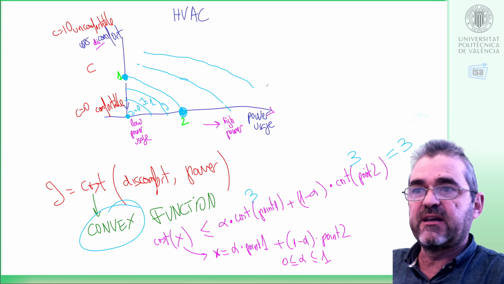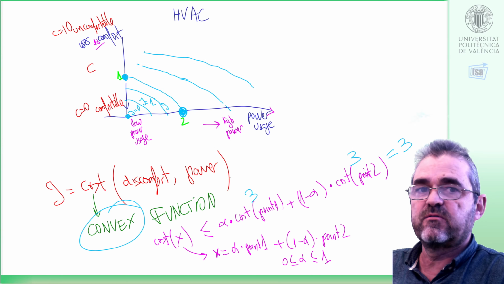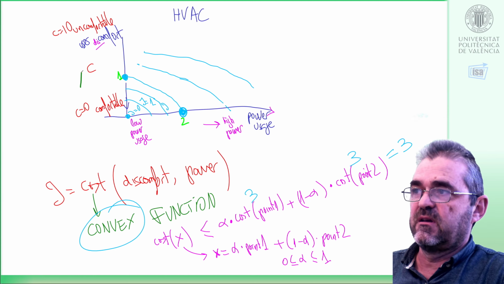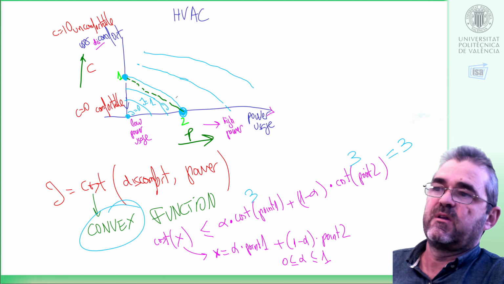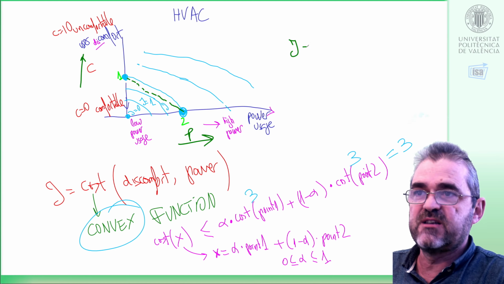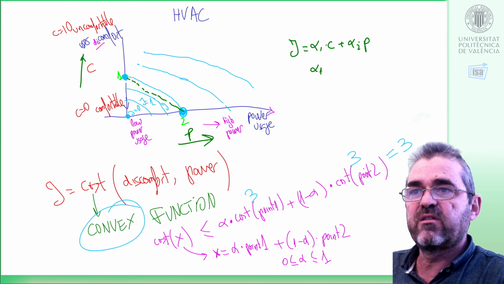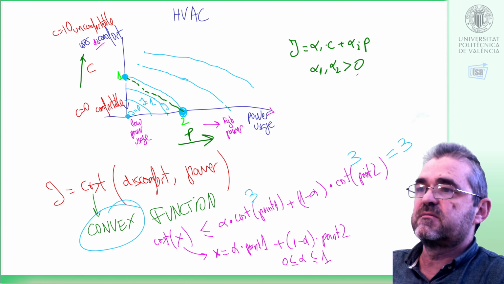How can we actually get this convex cost function for my operating point optimization? Well, if this is the C coordinate and this is the P coordinate, this line will be J equal a linear function of C and P with alpha 1 and alpha 2 being positive.